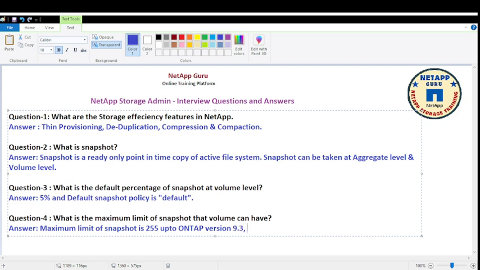Okay, and ONTAP 9.4 and later versions can have 1023 snapshots.